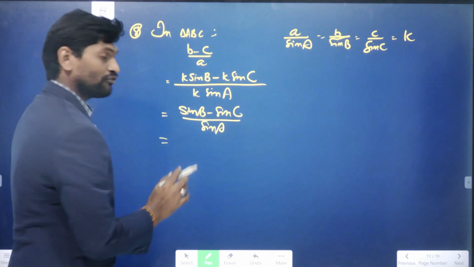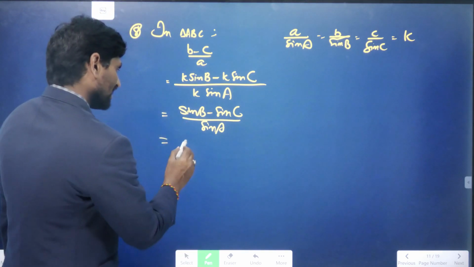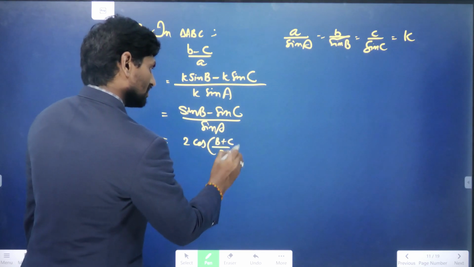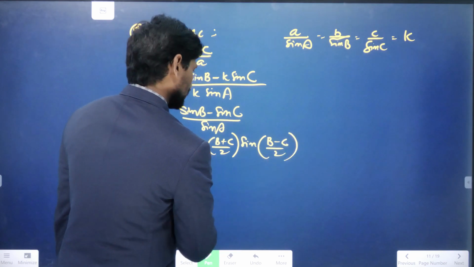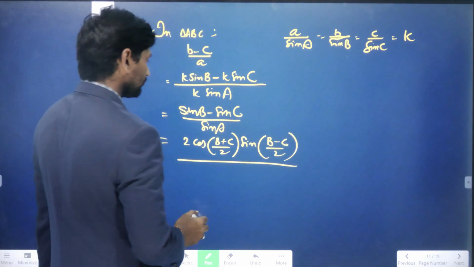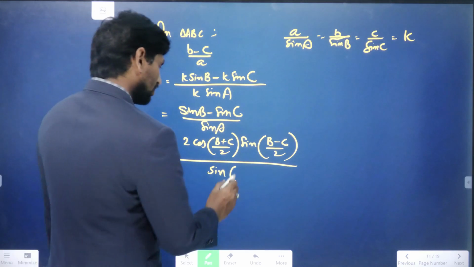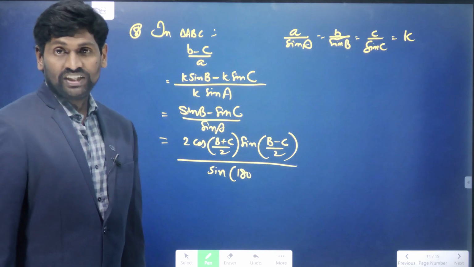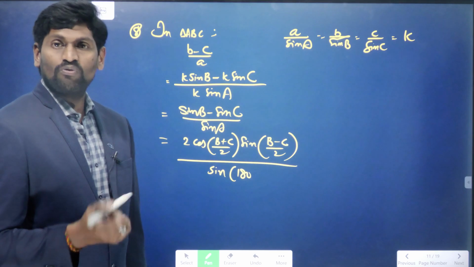The numerator is in the form of the transformation formula sine minus sine, which is 2 cos sin. So 2 cos (B plus C by 2) sin (B minus C by 2). The denominator is sine A. Sine A I am writing by using the condition for the triangle: the sum of the angles in a triangle is 180 degrees.